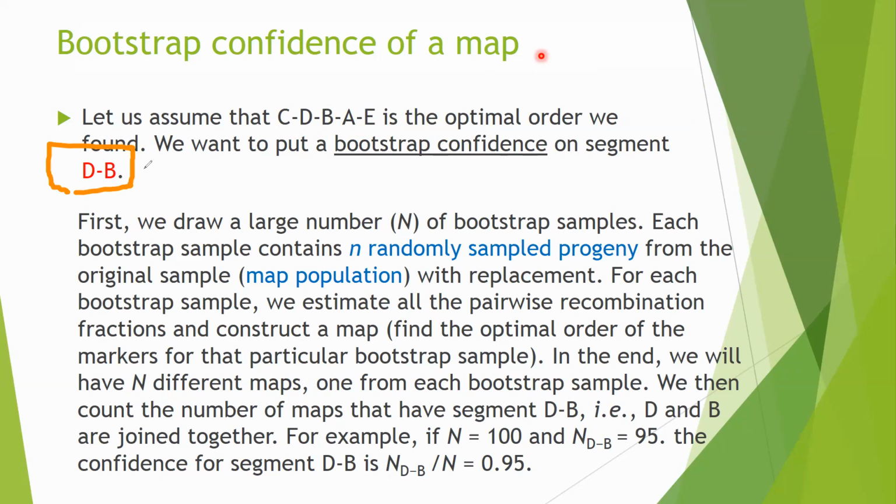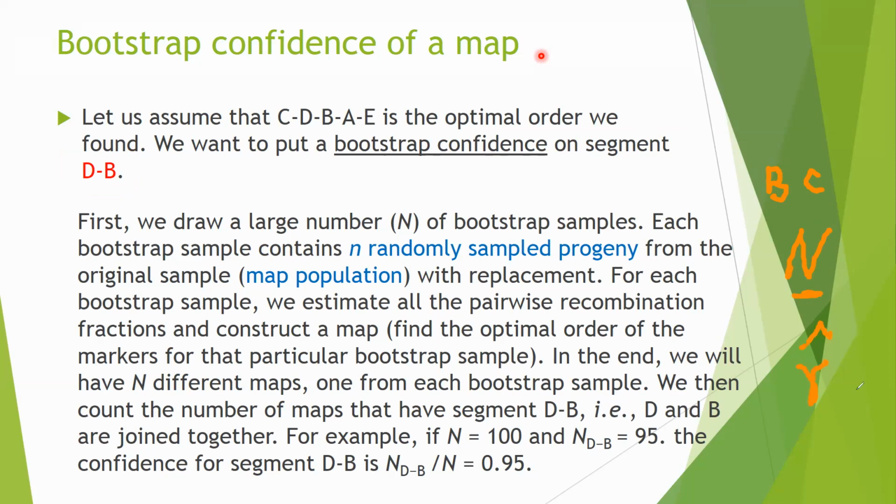Then we can leverage the bootstrap method to help us find the confidence of this map order, right? So let's use the backcross. We use backcross design for this study, and the total number of progeny produced from this backcross is n. We all know how to calculate the R, right?